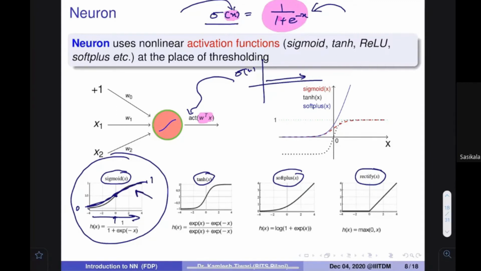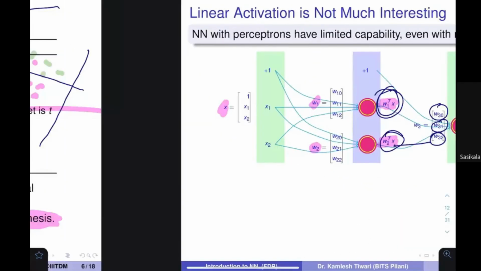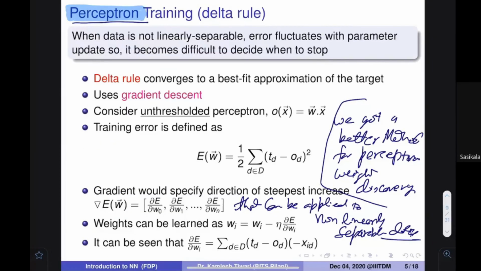What is the importance of these continuous values? The importance is that you can use the same method, because now you have values in this particular formula, and again your target is going to be a continuous value. So you can find these derivatives, and if you can find these derivatives, you can apply this method.